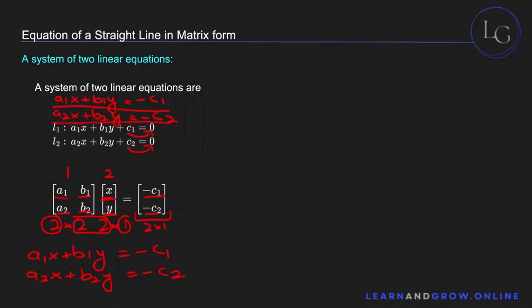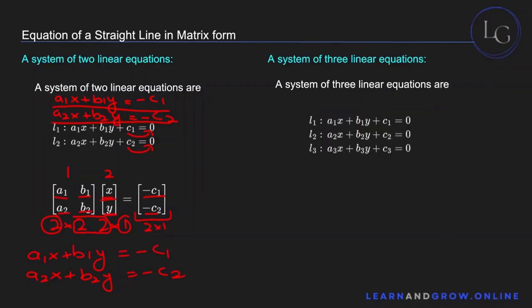Now let's look at a system of 3 linear equations. And again, let's do this ourselves. What will this become? This will become A1x plus B1y is equal to minus C1, A2x plus B2y is equal to minus C2, A3x plus B3y is equal to minus C3.